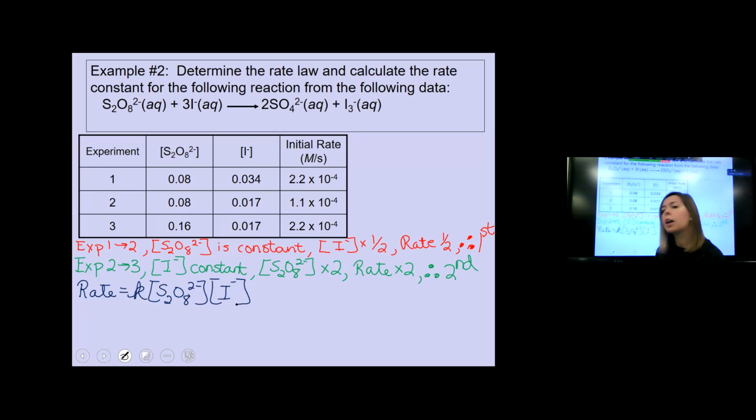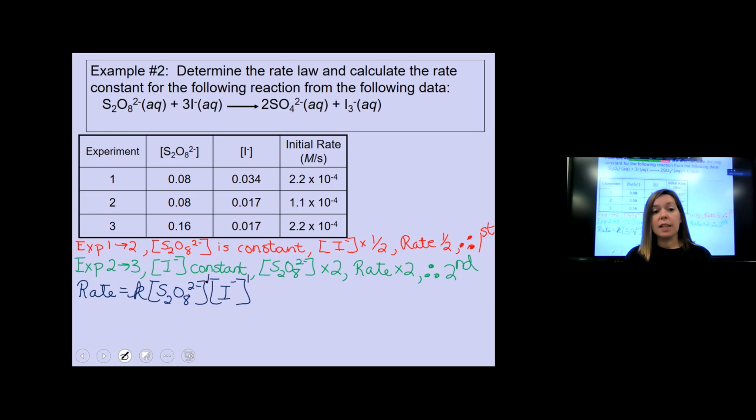That's first order. If you want to put in the 1 here, you can, but obviously you do not need to do that. With experiment 2 to 3, the I- was staying constant, but the S2O8 ion was doubling and the rate doubled, so they are doing the same thing. So that is also first order, which would make our reaction second order overall.